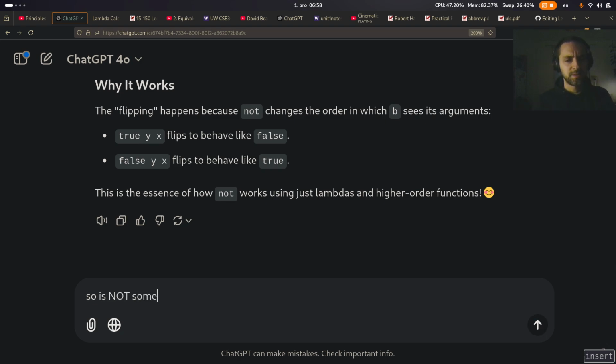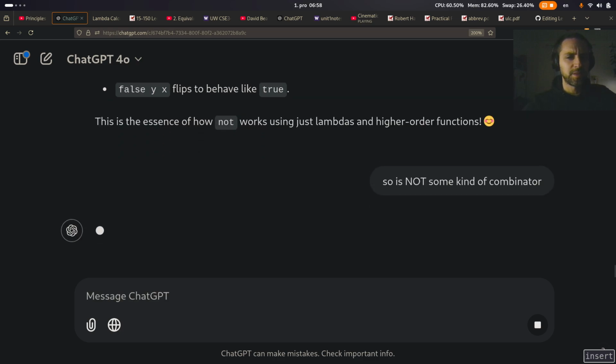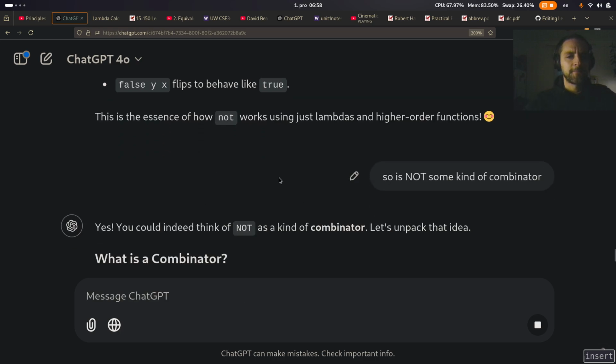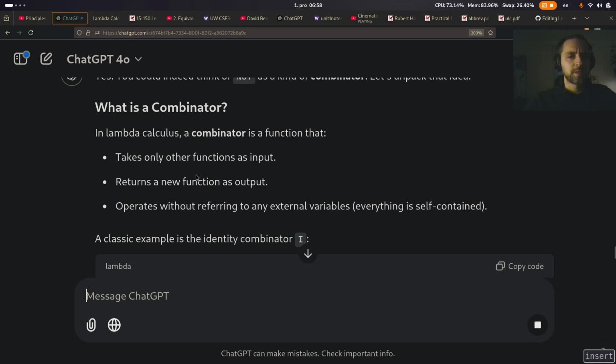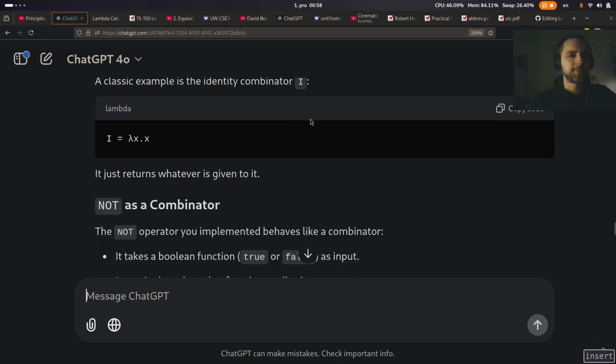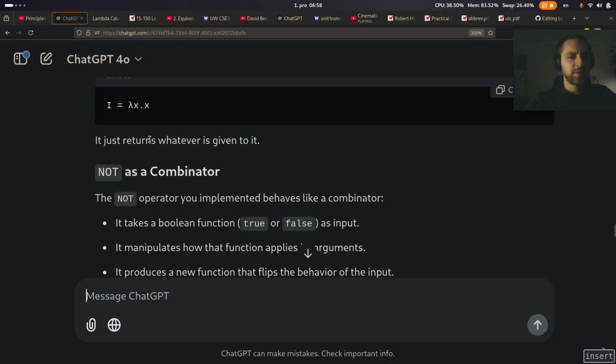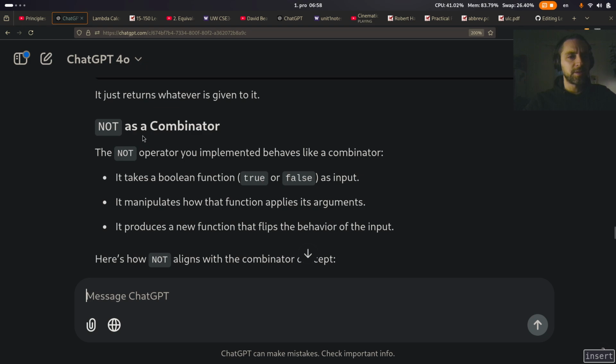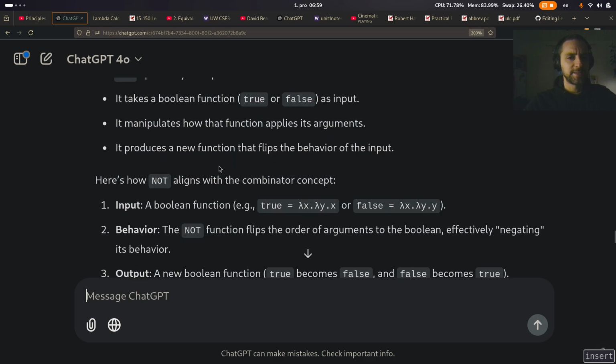Is not some kind of combinator? It looks complex. It takes only other functions as inputs, returns a new function as output, and operates without referring to any external variables. Not behaves like a combinator: it takes a boolean function as input and manipulates how that function applies its arguments.